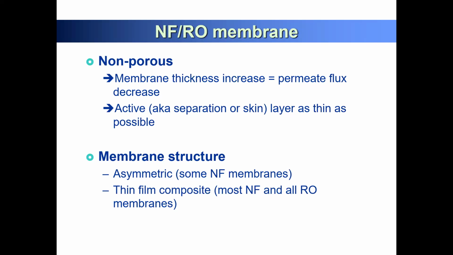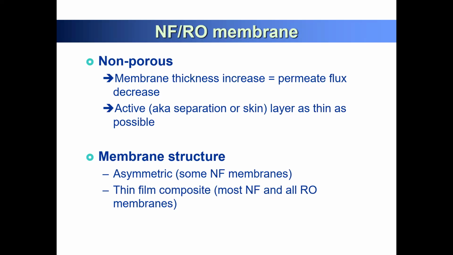If you don't have a good support layer, your active layer polymer will easily break down. So the active layer should be as thin as possible. But if your active layer is very thick, it's very difficult for water molecules to pass through, so you have to pressurize a lot. So they want to make it as thin as possible. That's how you can produce a better membrane.